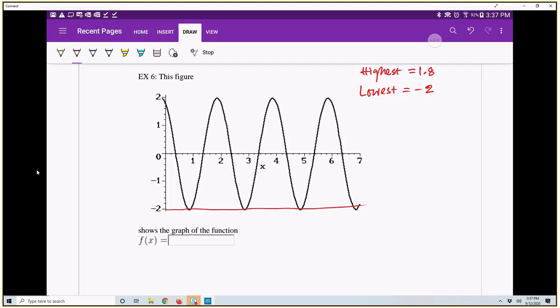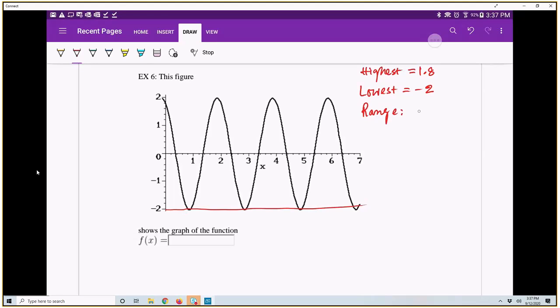So that means the center line is no longer at 0. If the center line was at 0, then the highest point should have been the same but positive, and the lowest point would have been having the same value but negative. So it is no longer 0. How do I know what will be the center line? So what I do, I find the total difference or range for this graph.